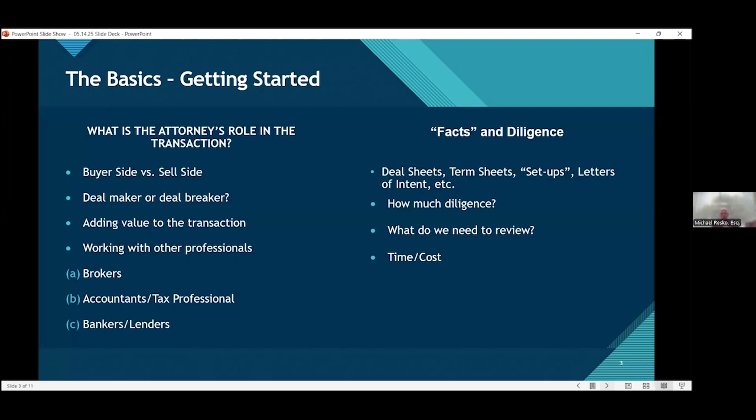We start with the risk of the other side not performing, but especially in a business transaction, we're talking about risks associated with the value of the assets.